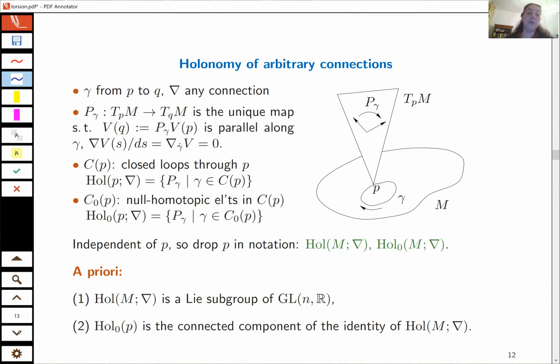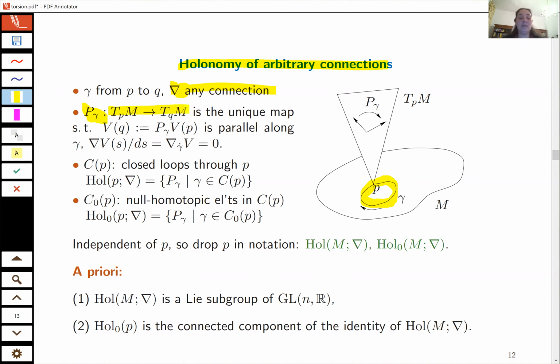Okay, so I would like now to go to holonomy as being a basic concept for what we're doing. So I take a path gamma, and in fact here it's already drawn to be closed, any connection nabla, and I consider parallel transport P_gamma going from one tangent space to the next.